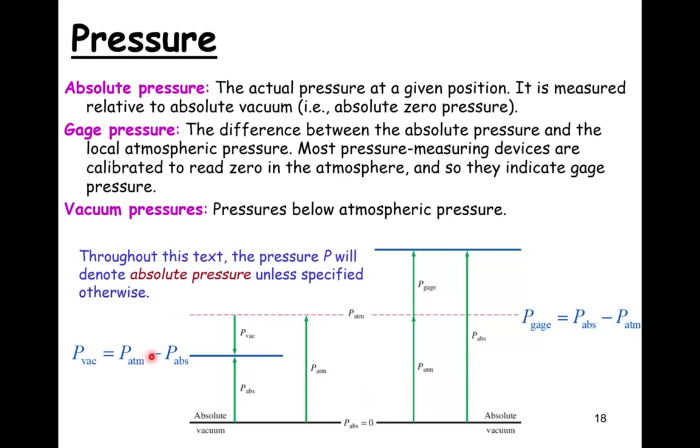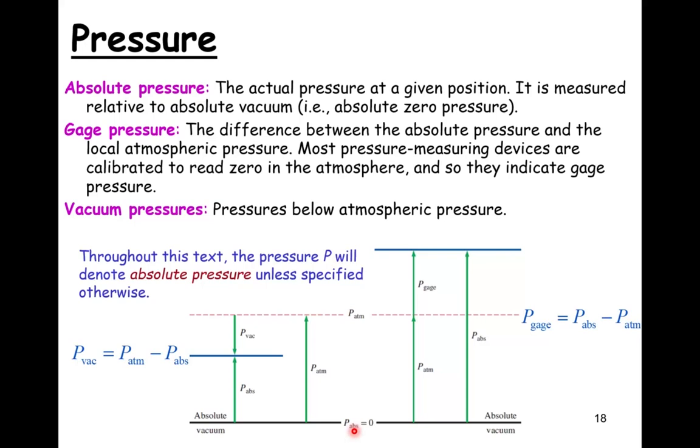Okay, now we have different types of pressure. We have absolute pressure, gauge pressure, and vacuum pressure. What is the absolute pressure? Absolute pressure is the actual pressure at a given position. It is measured relative to absolute vacuum or absolute zero pressure.